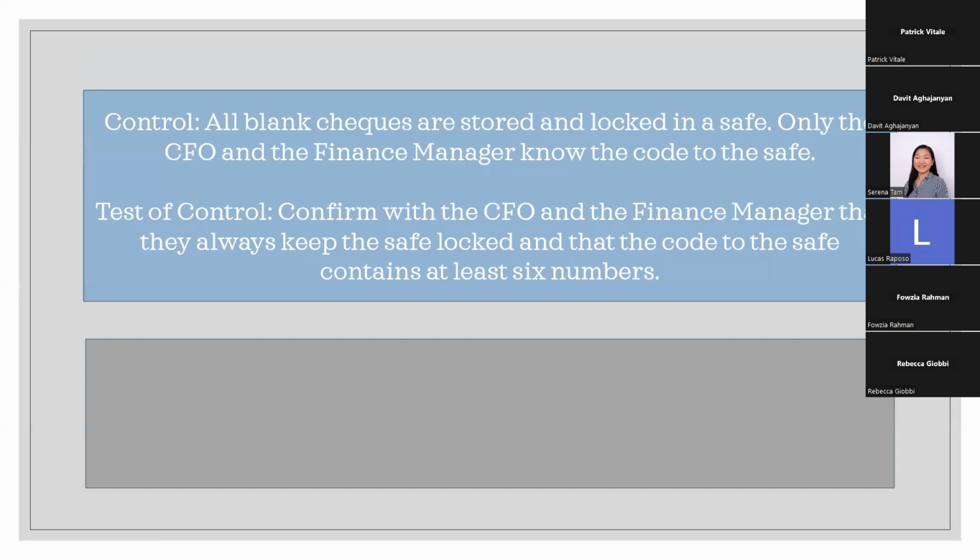The control: all blank checks are stored and locked in a safe. Only the CFO and the finance manager know the code to the safe. Test of control: confirm with the CFO and the finance manager that they always keep the safe locked and that the code to the safe contains at least 6 numbers. Okay, David says not good enough.